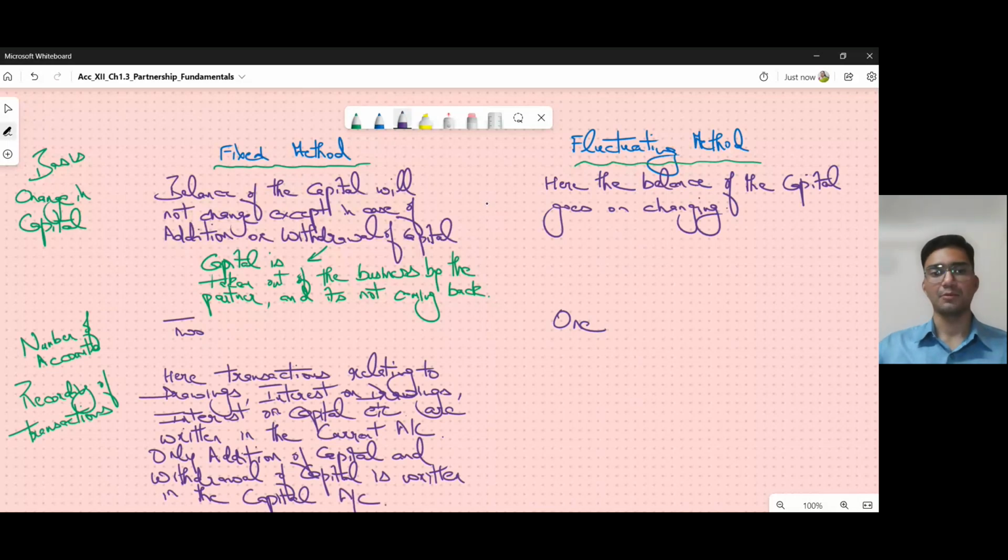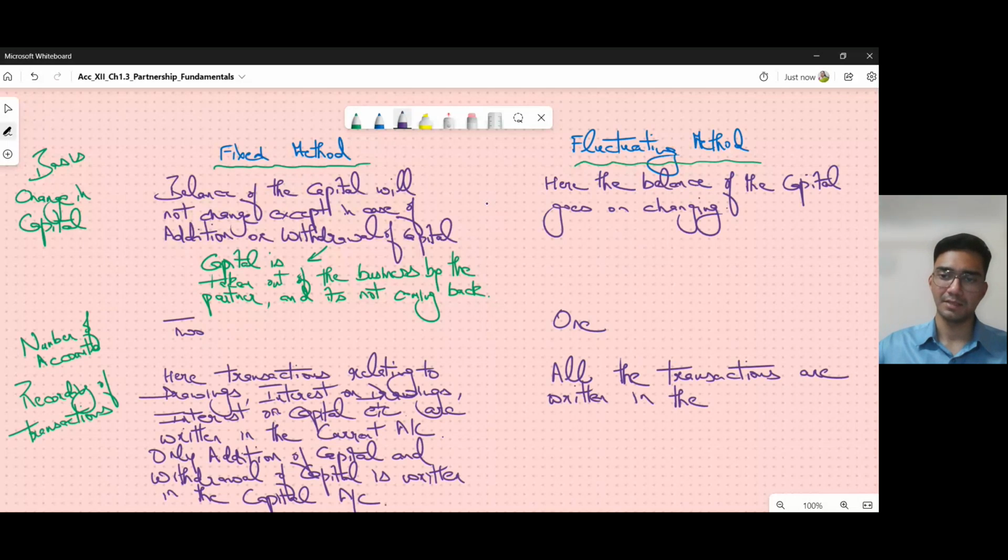Whereas in the fluctuating method, all the transactions are written in the capital account.